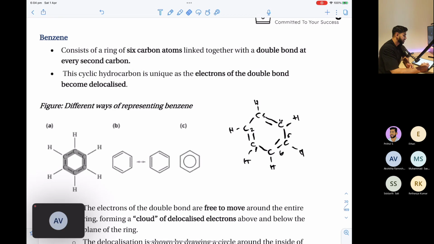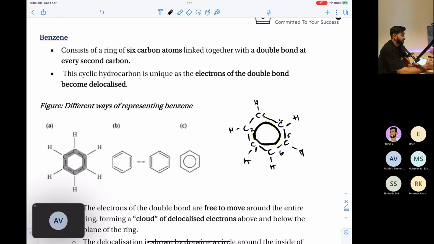The reason is the inner bonds, these electron pairs here, are not fixed. What they actually do is they end up forming a little sea of 6 delocalized electrons that spins around the inside of the cyclic hydrocarbon like an F1 race course.